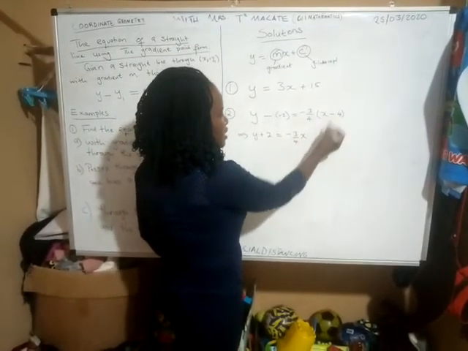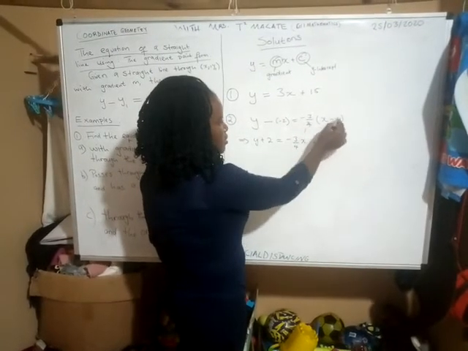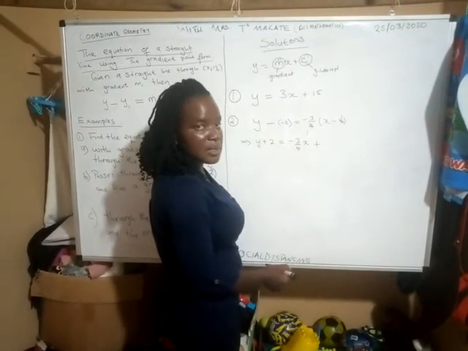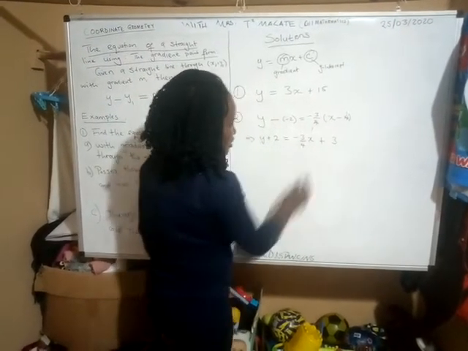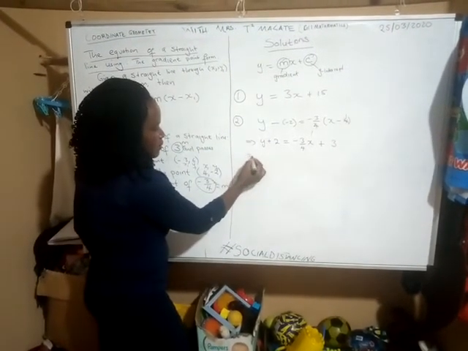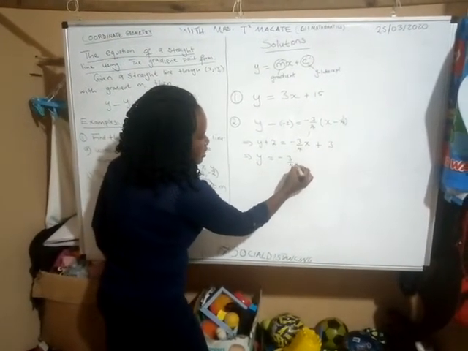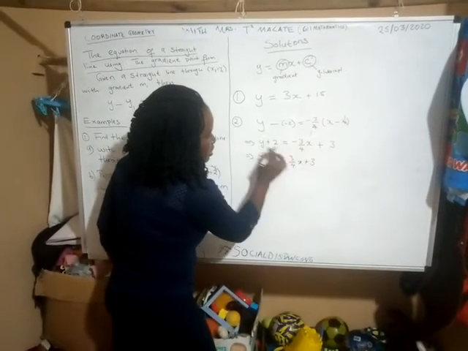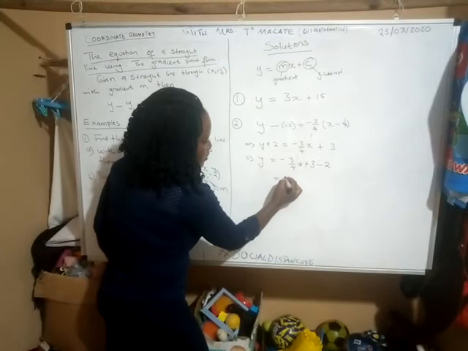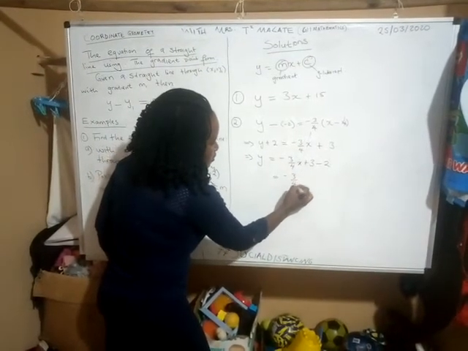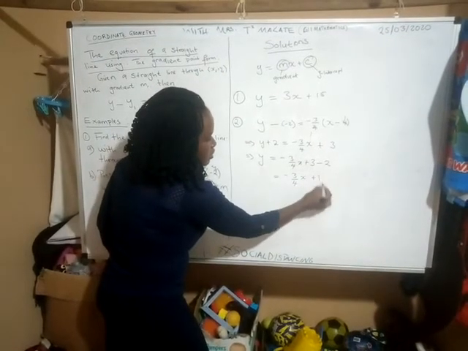So the negative will give us a positive, and the 4 will cancel with this one, just leaving us with a 3; the negative has become positive. Then like terms together, we have y equals negative 3 over 4 x plus 3. It's positive here, we have a minus 2 this side, and 3 minus 2 is just 1.